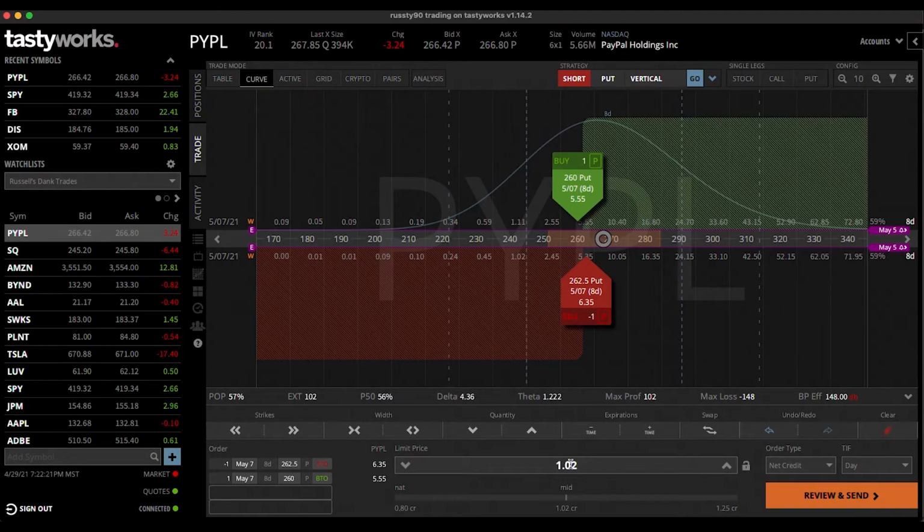As the amount of credit that is received on the market decays or goes down, and it will as the price moves up, you start to have gains. So you can simply close this trade and give it back to the market. In this instance, let's say you received $135 in credit, and now it's 102. You will collect the difference between that in profit, and you get your money back too.